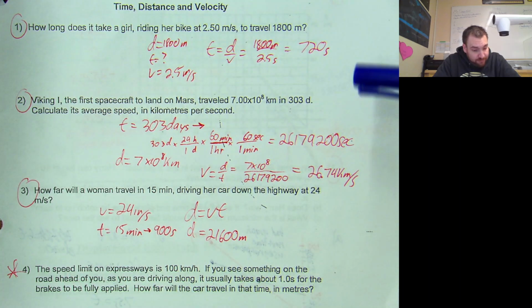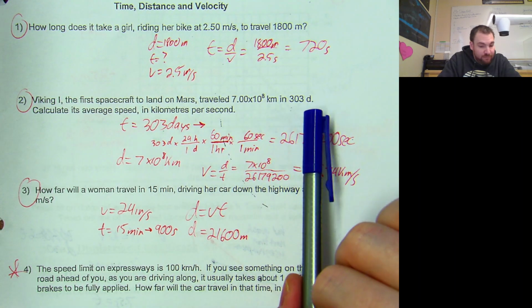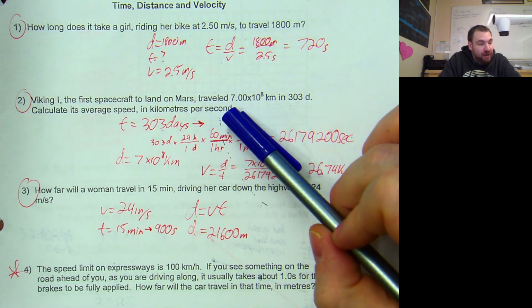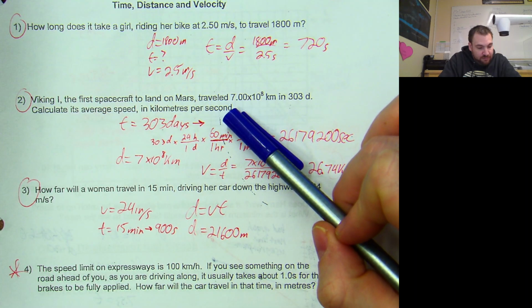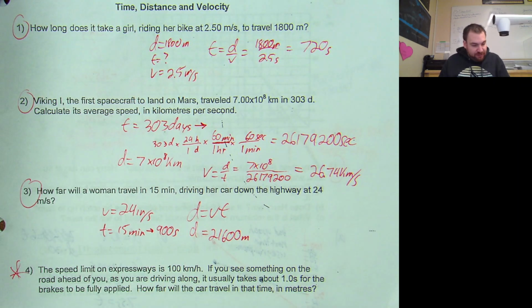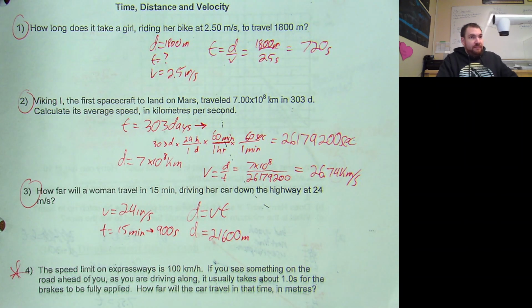Yeah, I converted 303 days into seconds because it wanted the answer in kilometers per second. And I'm wondering if I screwed up that last question. 900 times 24, number 3. Yeah, no, that's the same thing. Okay. Questions, comments, concerns on any of these three? Going once, twice. We're cool with these ones, okay? I hope.